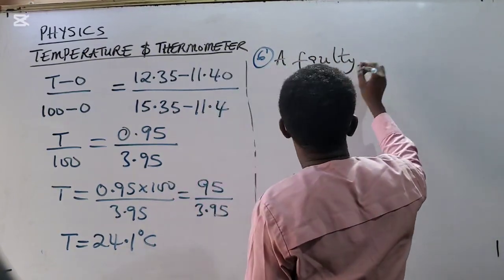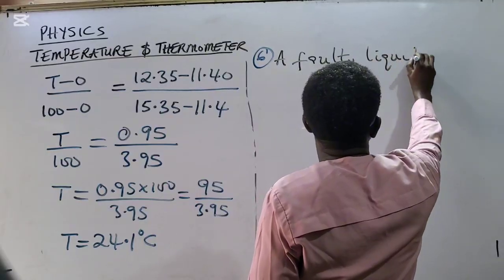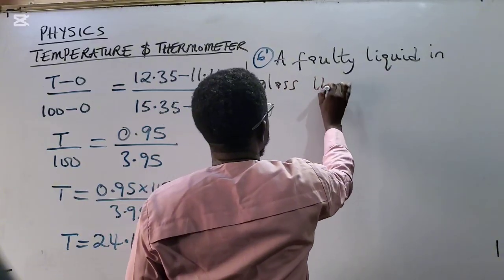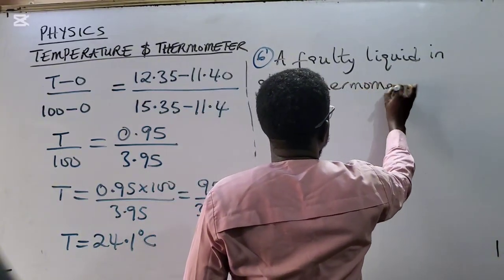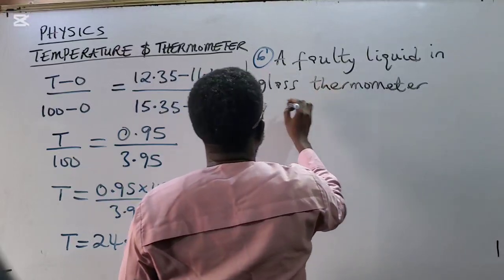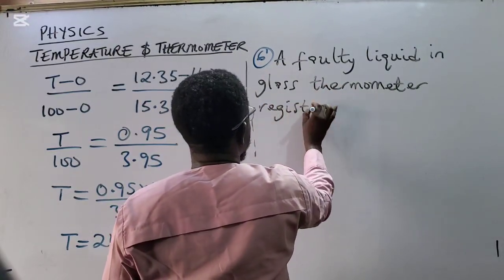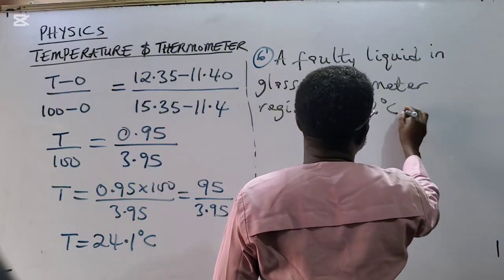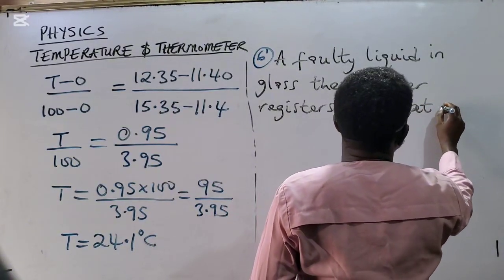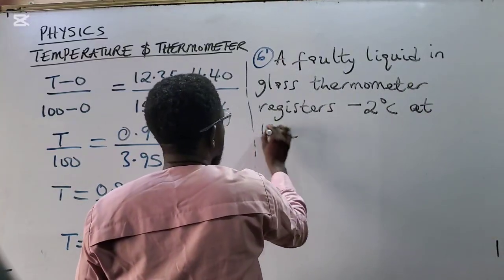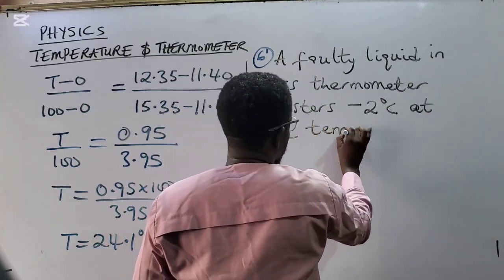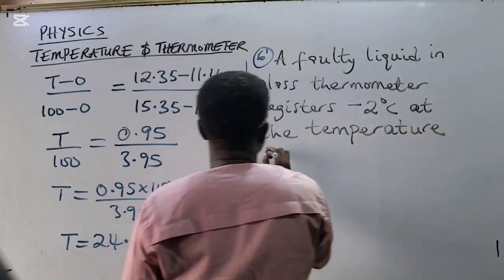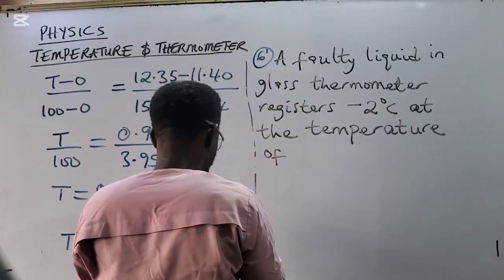A liquid in glass thermometer registers minus 2 degrees C at the temperature of pure melting ice.